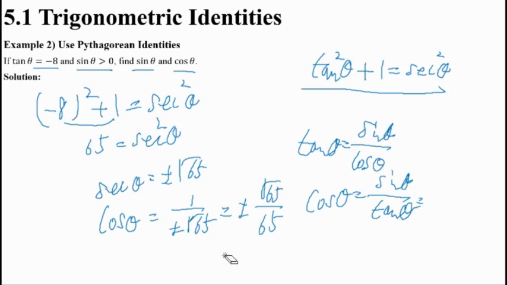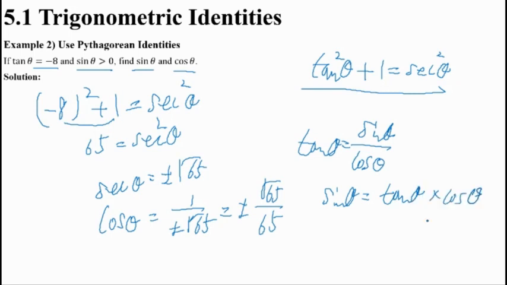We already found the cosine. Wait, do it one more time. So sine theta will be tangent theta times cosine theta, right? So tangent is negative 8, cosine plus or minus square root 65 over 65, which is plus or minus.